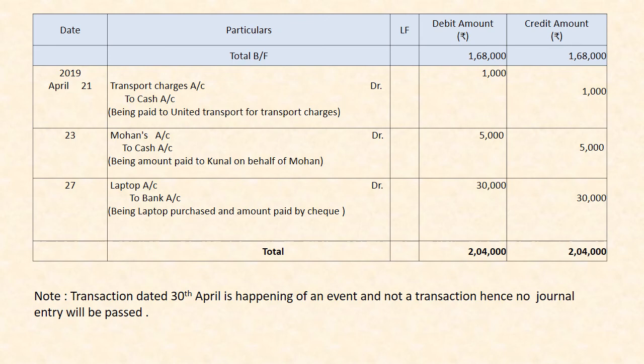Write journal entry: laptop account debit 30,000 to bank account 30,000. Narration being laptop purchased and amount paid by check.